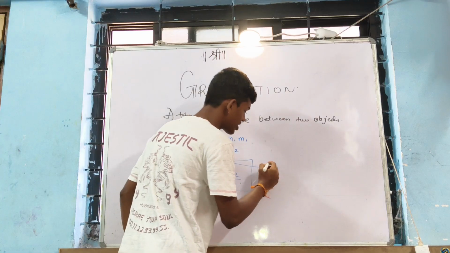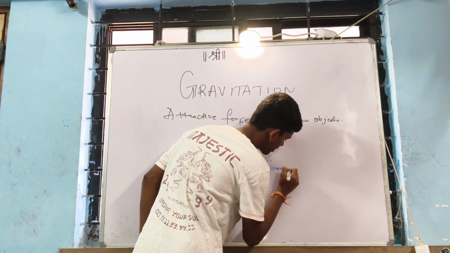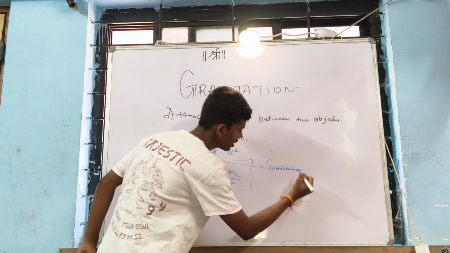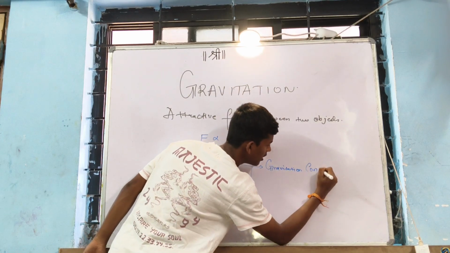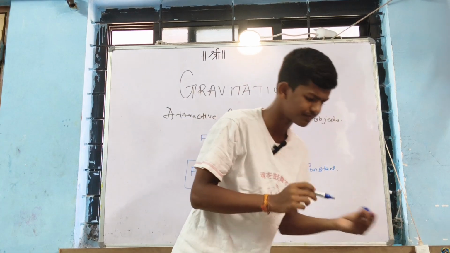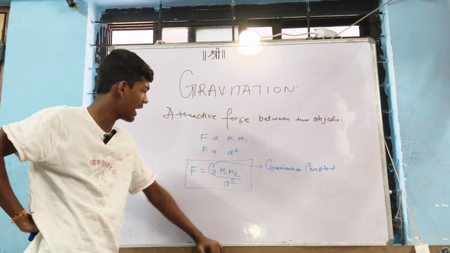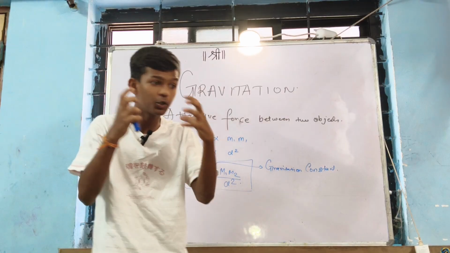G is known as the gravitational constant. M1 and M2 are the masses of the two objects.